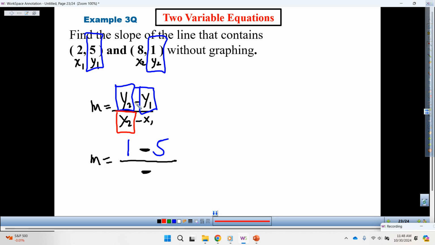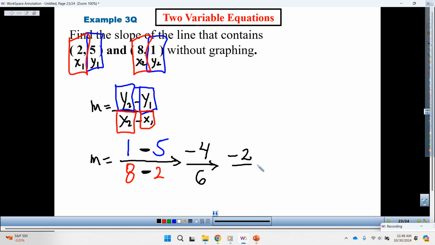What is x sub 2? 8 minus x sub 1, which is 2. Here we go. What is 1 minus 5? That's negative 4. What is 8 minus 2? That's positive 6. In lowest terms, this is negative 2 over 3.